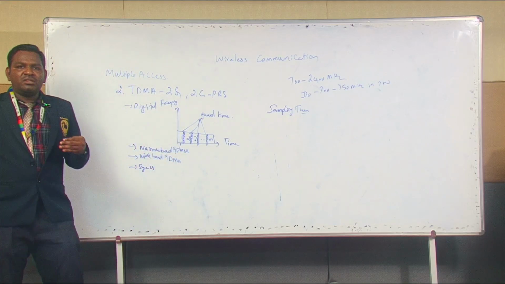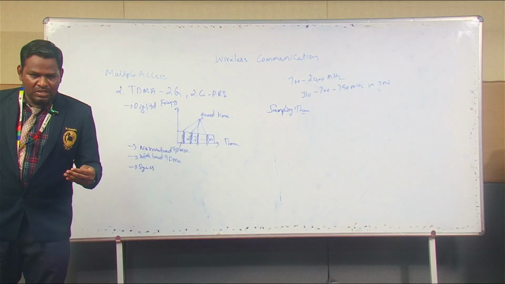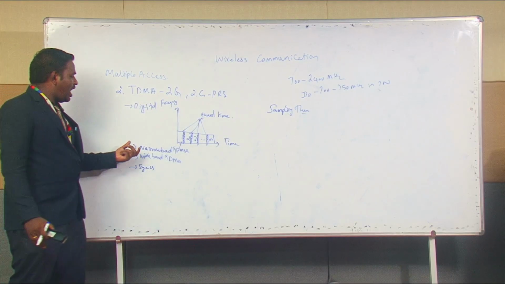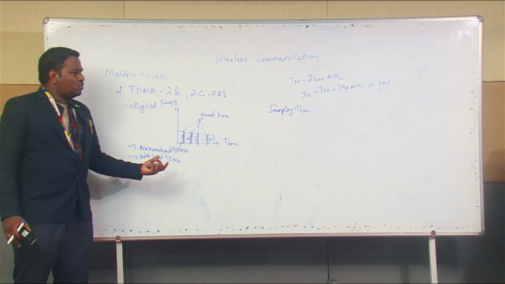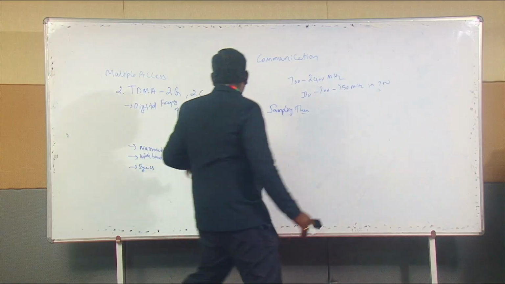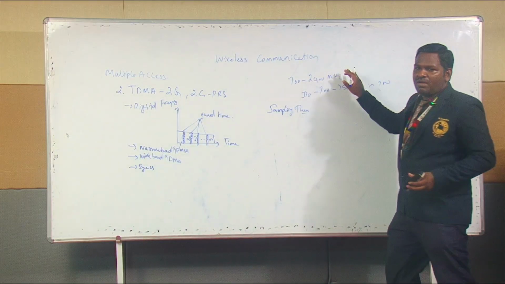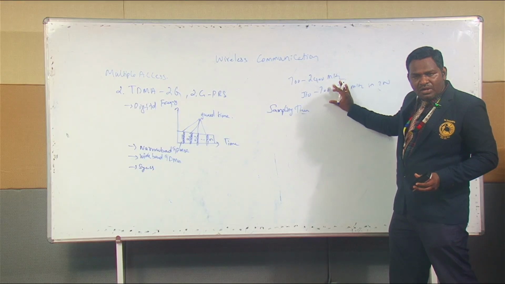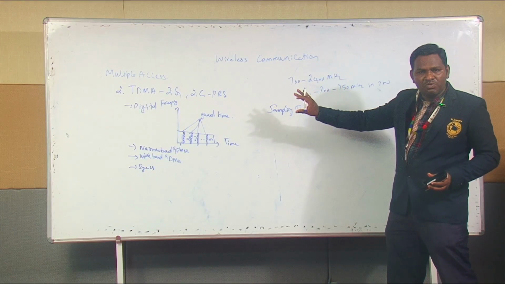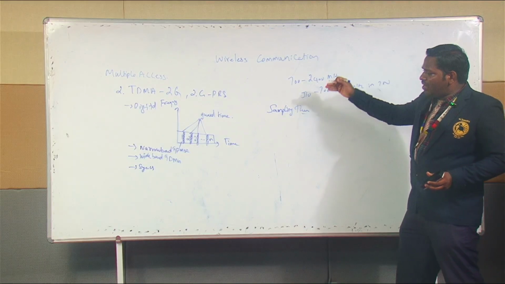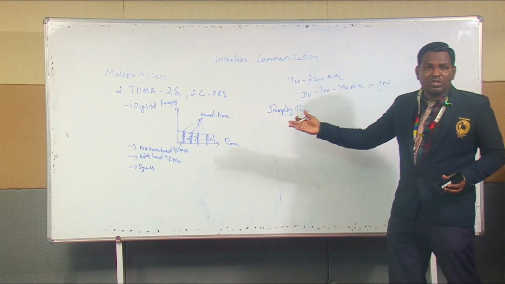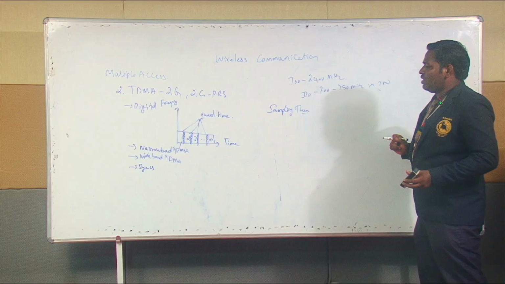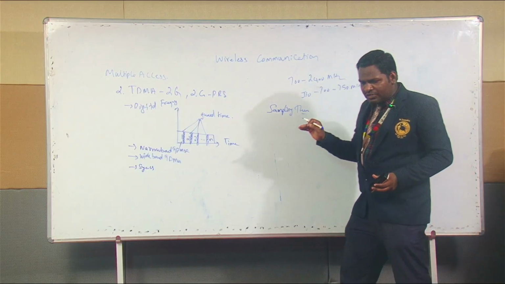Depending upon the nature of the applications, we can go for narrowband TDMA or wideband TDMA. In the case of narrowband TDMA, the entire bandwidth, for example 50 megahertz, will be used among the different users, else it will be divided into 10 megahertz, and that will be used among the different users. The main thing is we need synchronization.